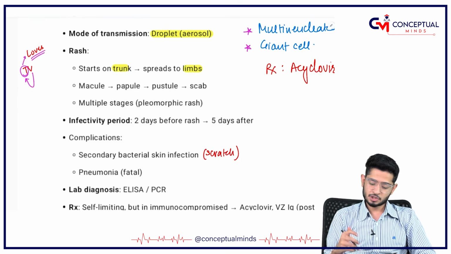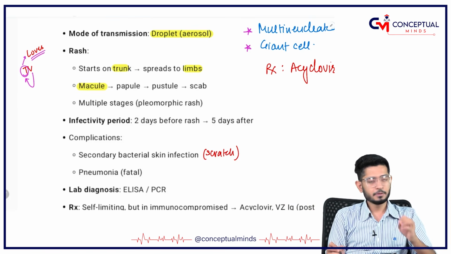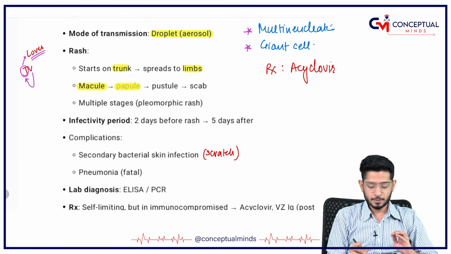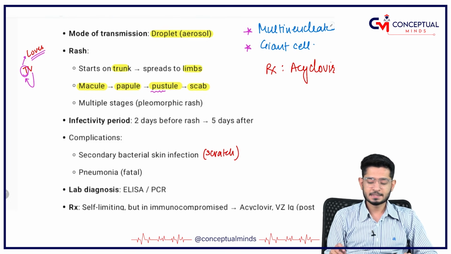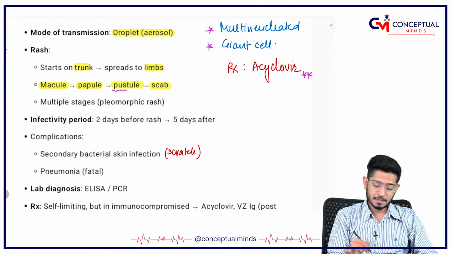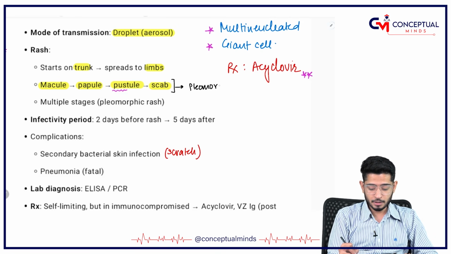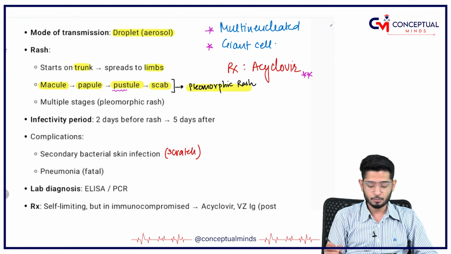And how does the progression happen? First of all, there will be macule, then papule, then pustule, that means having pus, and then there will be dried one, scab formation. My dear friends, please remember that this is something which we call a pleomorphic rash.